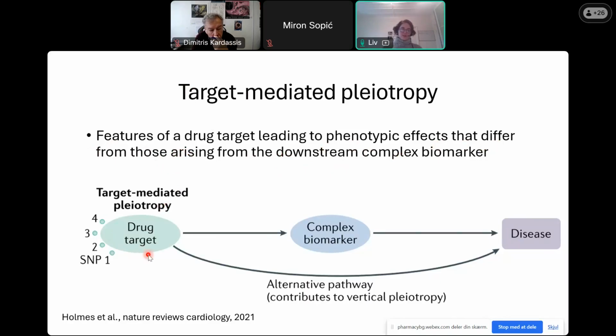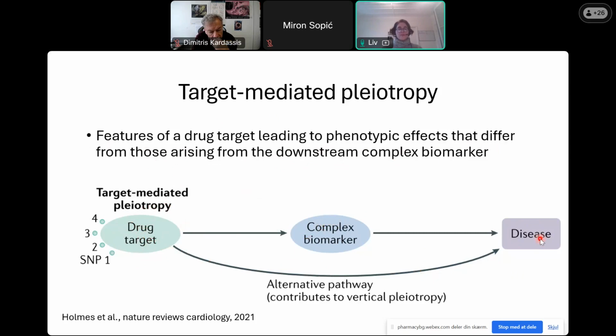So this is our drug target. This could be HMGCR, for example, and our biomarker could be LDL cholesterol. So we could see that HMGCR would affect LDL cholesterol, and this would affect the risk of ischemic heart disease. But there could also be another pathway where the drug target affects the disease.